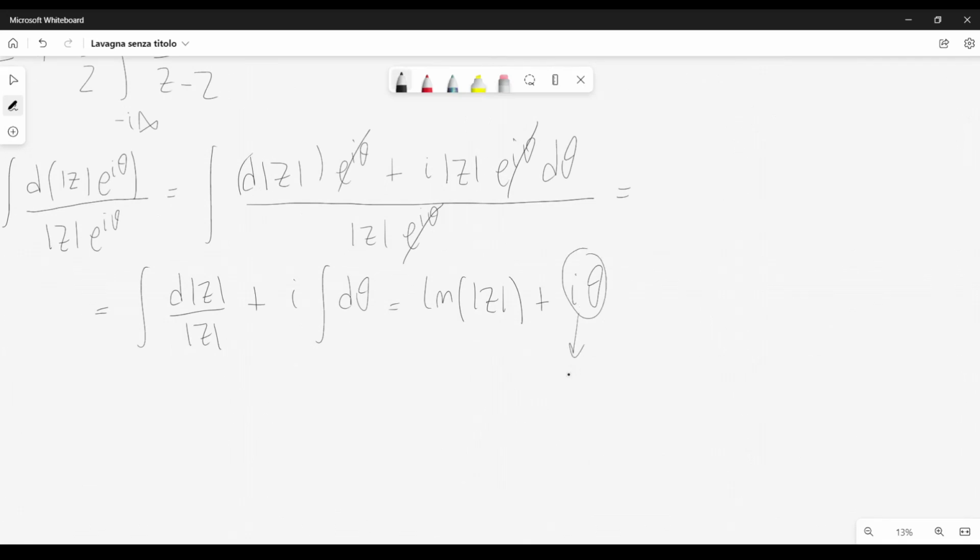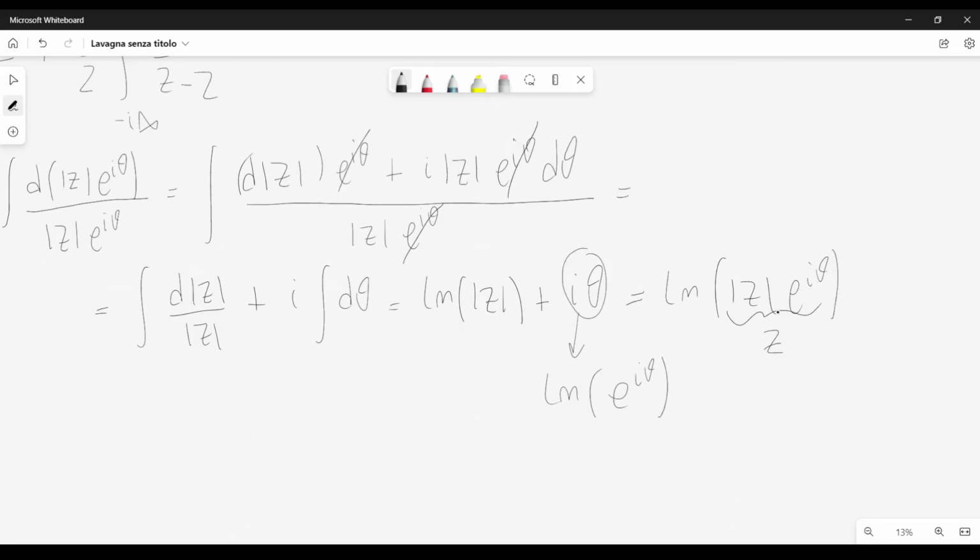We can rewrite it as the logarithm of the exponential e to the i theta, because logarithms are the inverse operation with respect to exponentials. And if we put these two together, we get logarithm of mod z times e to the i theta by using the properties of logarithms which are extended to complex numbers. But this is simply z.